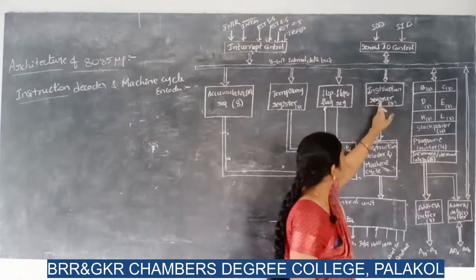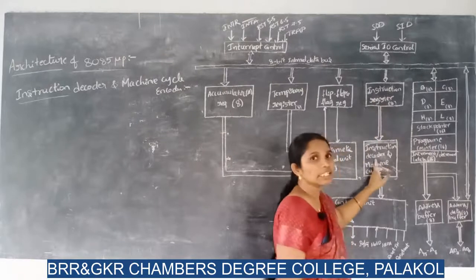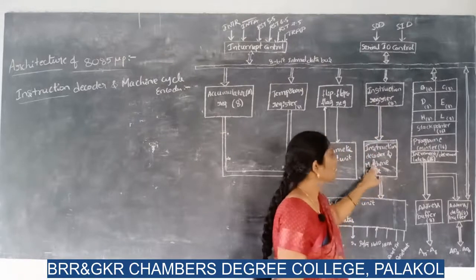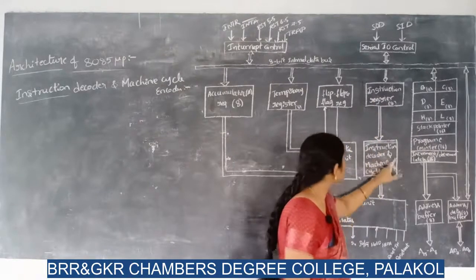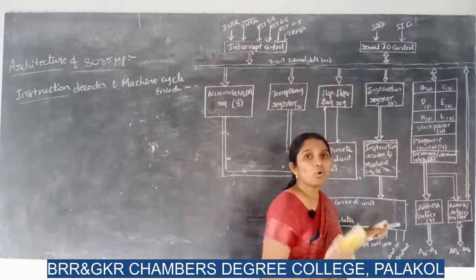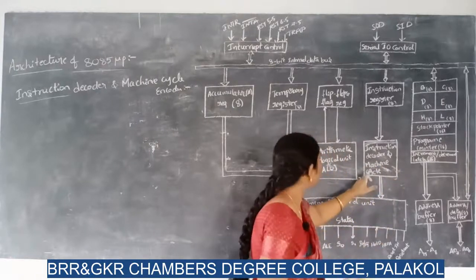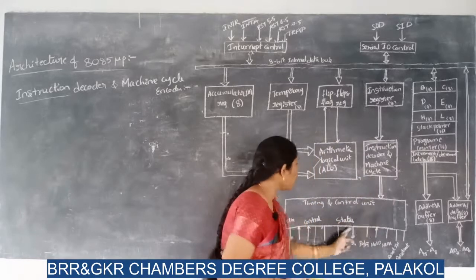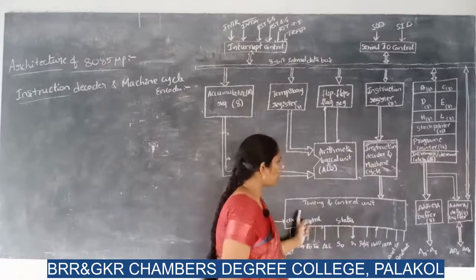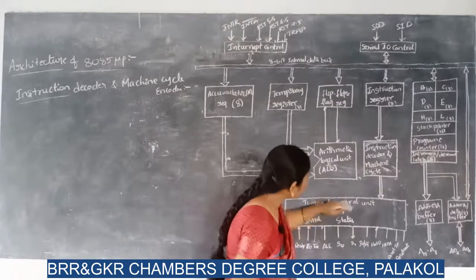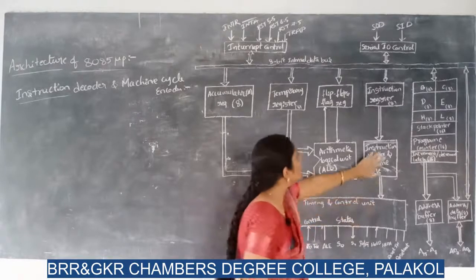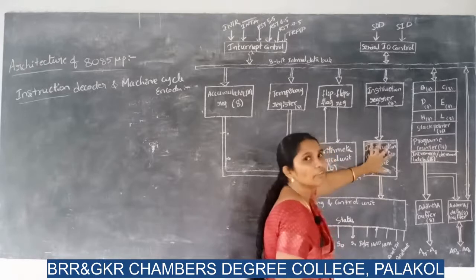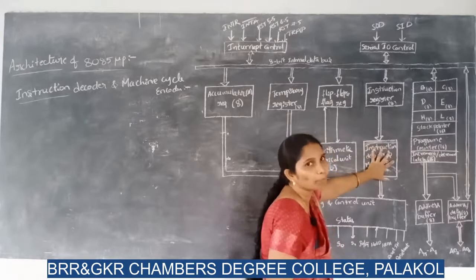This instruction register will send the instructions to the instruction decoder. So the instruction decoder will decode that instruction. Depending upon what instructions are given by this timing and control signal, the instruction decoder will perform the decoding operation.